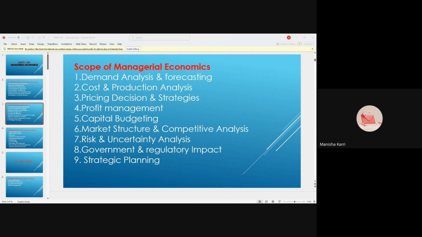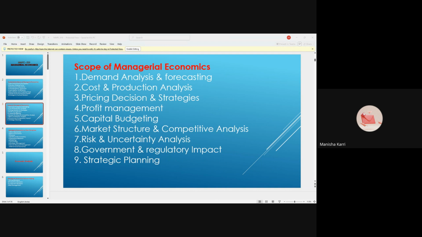Coming to profit management, it means maximizing the company's profitability by balancing revenues and expenses or costs, and making decisions about resource allocation and investment of capital.